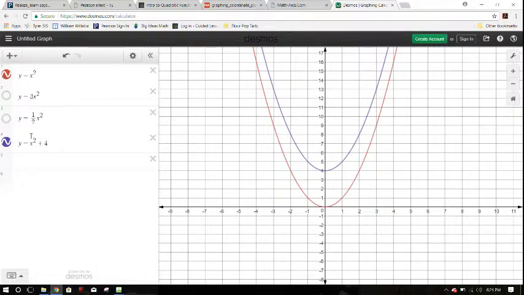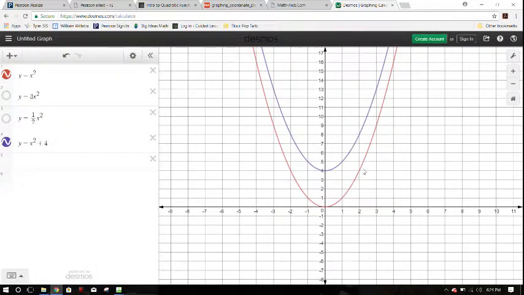And if we look at these comparatively, if we put them next to each other, when x is 0, our parent function would be 0, so 0, 0. In this one, when x is 0, y would be 4. Because what we're doing is we're taking every y value we get here, and we're adding 4 to it. So that's why every single point is 4 above.